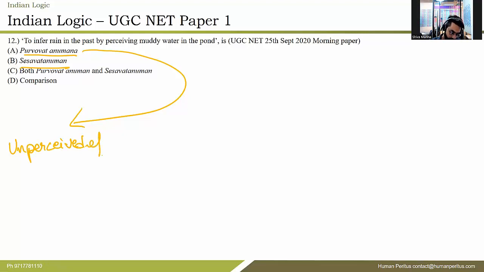unperceived effect from perceived cause.